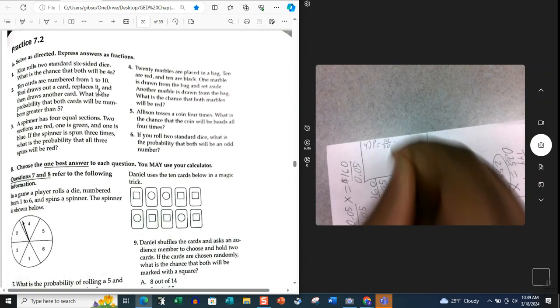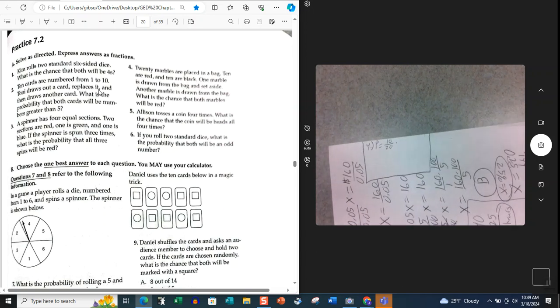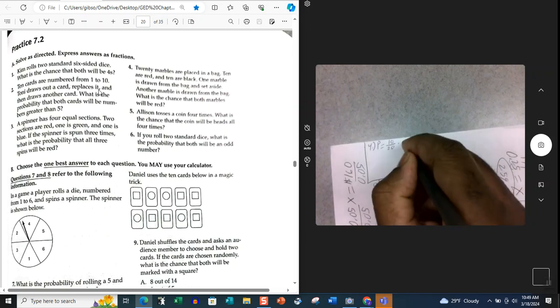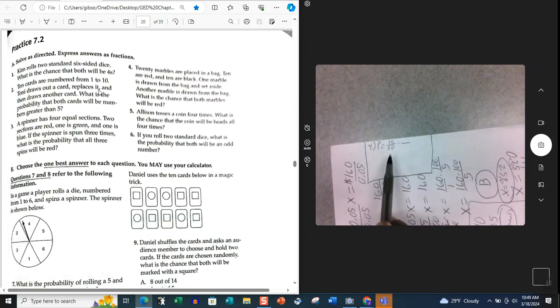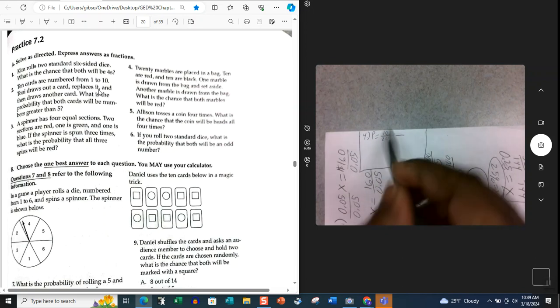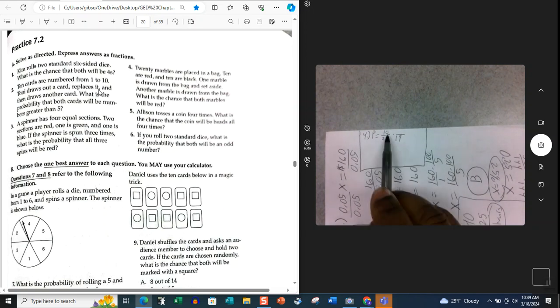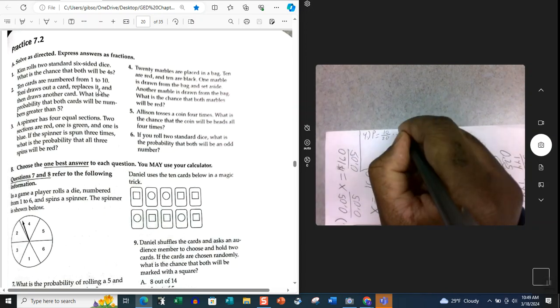Now we multiply. Now remember, we're assuming that we got that red marble that first time. Okay, now we set that marble to the side. So if we set that marble to the side, that means there's only 19 marbles left because that red marble has been set to the side. And since that red marble has been set to the side, that means it's no longer 10 red marbles, it's only 9.